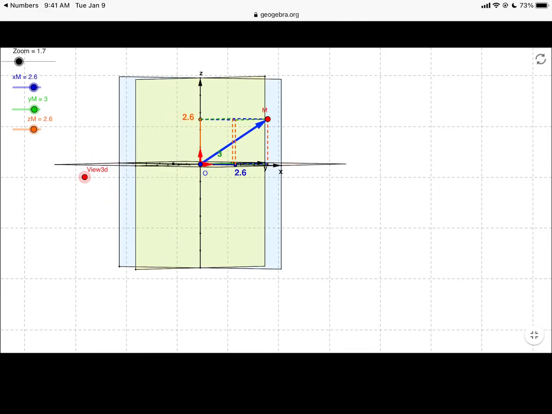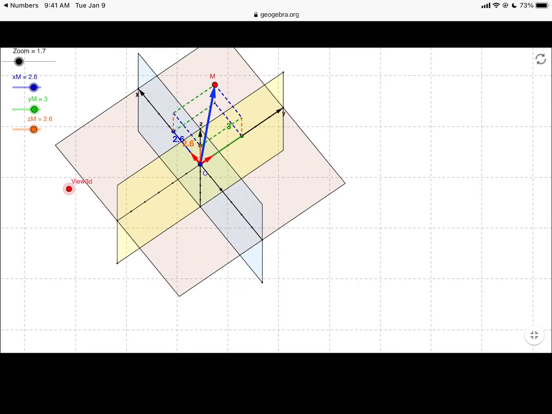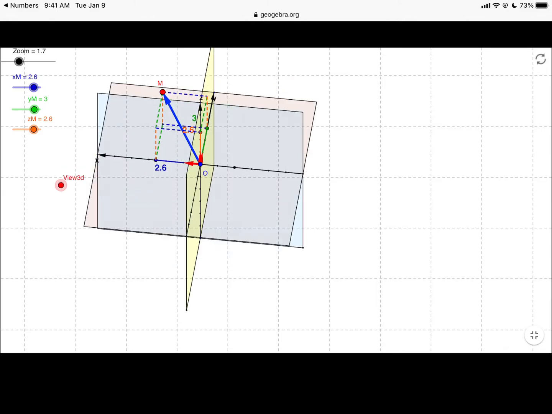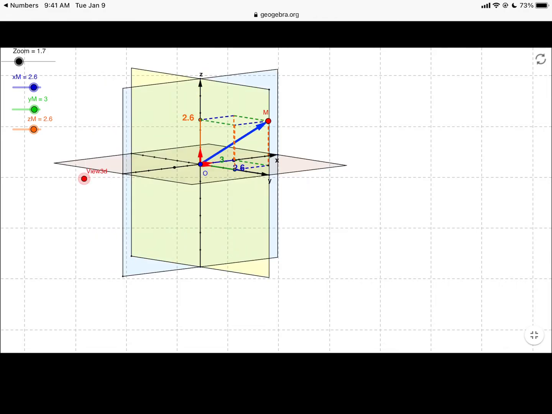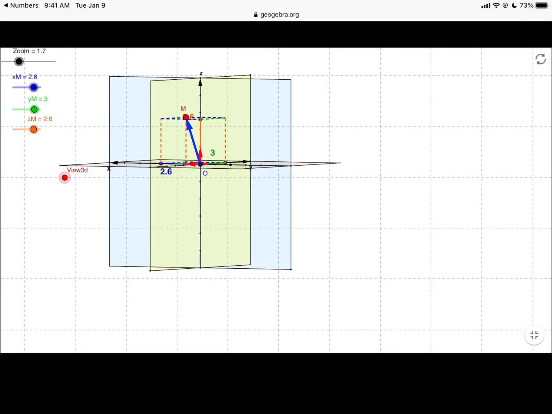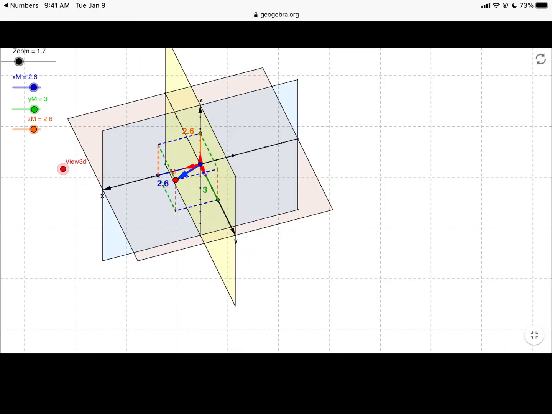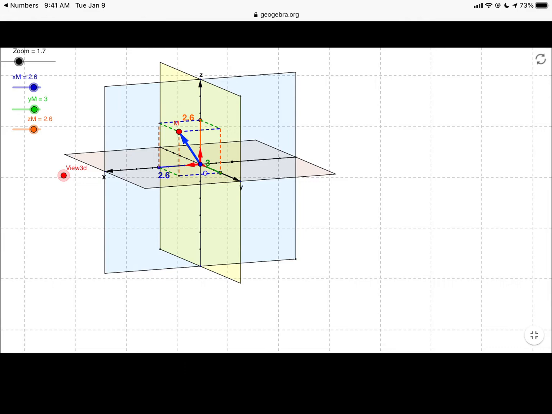This one's tricky. There we go. Okay, so notice you have those three red vectors. Each one of those would be the unit vectors i, j, and k. And this particular blue vector could be thought of as 2.6i plus 3j plus 2.6k. All right, so that just helps you visualize.